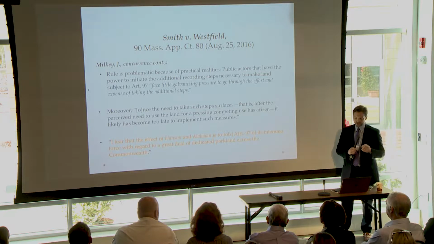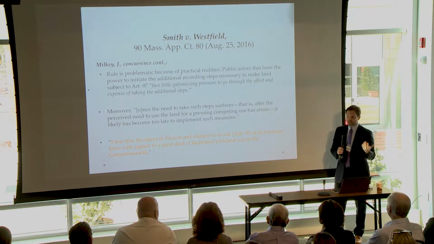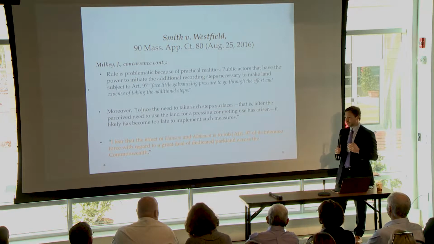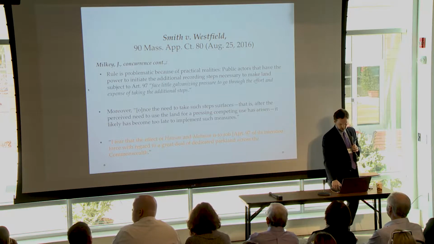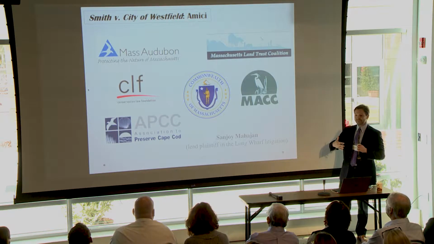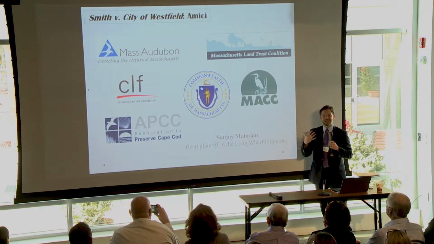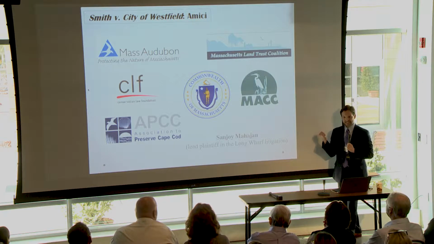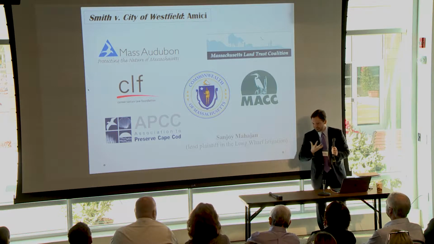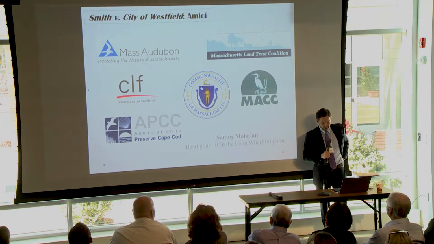Justice Milkie feared that the effect of Hansen and Mahajan and the way they were being interpreted by the courts was to essentially render Article 97, if not ineffective, largely ineffective, or rob it of many of its purposes. So he essentially, in my view, invited a further appeal. He was essentially pleading with the Supreme Judicial Court, clarify this for us, this can't be right. That's my editorial interpretation of Justice Milkie's concurring opinion there.